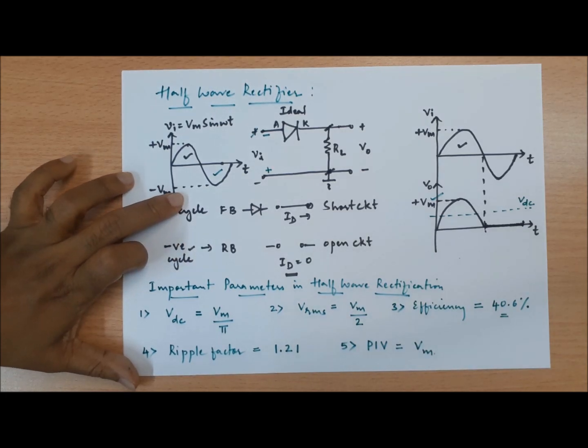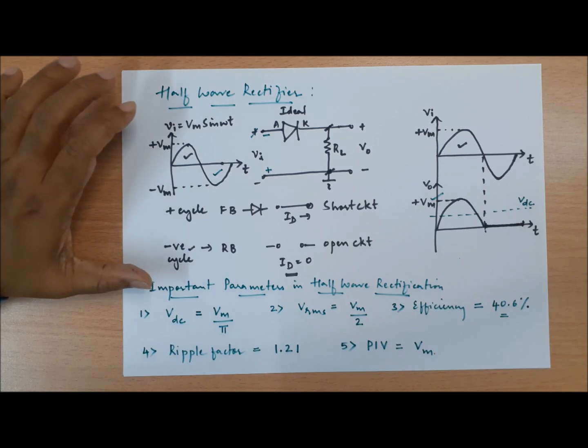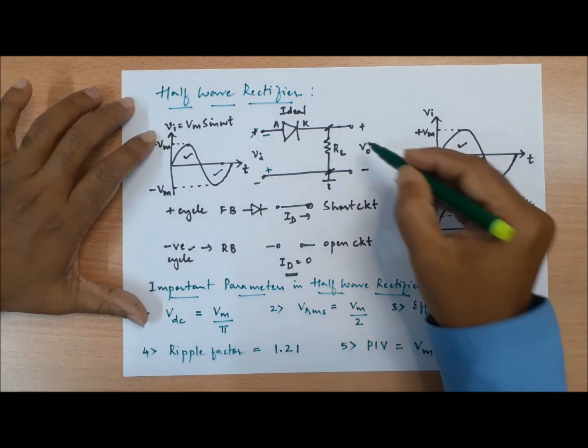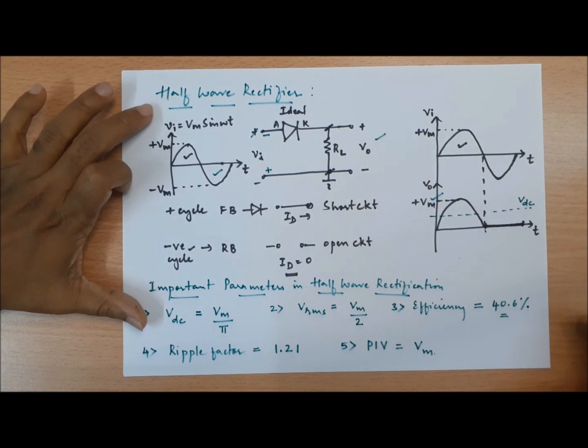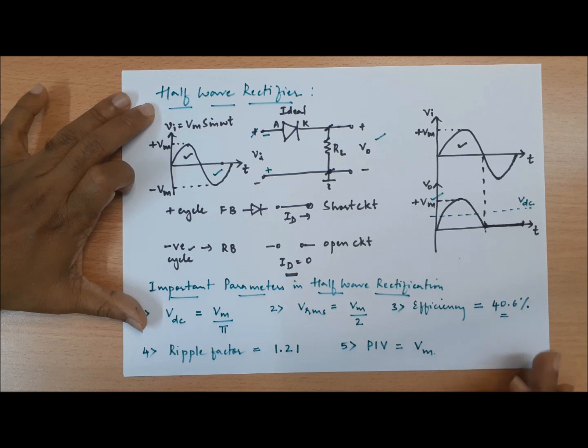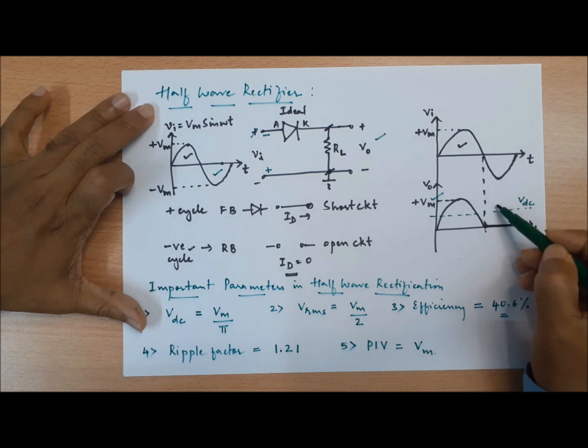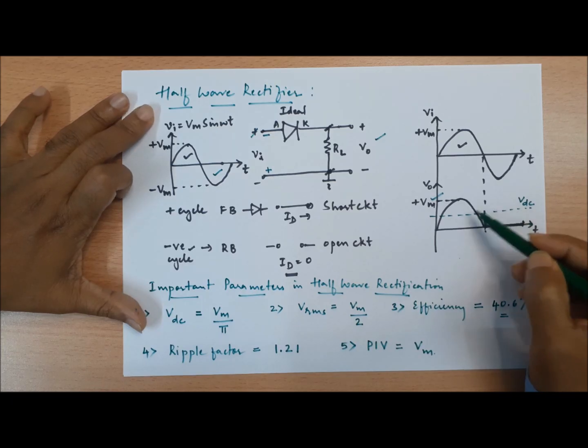Now, we usually call this type of circuit a half wave rectifier circuit without a filter. Now the question comes, what is a filter? See, the output waveform shows that it's not a pure AC to DC conversion.